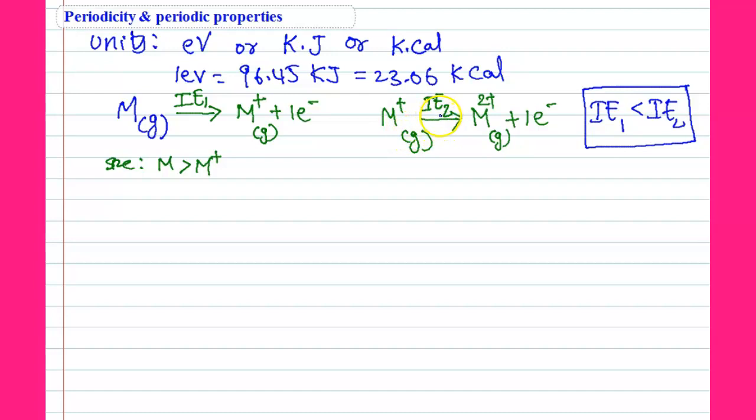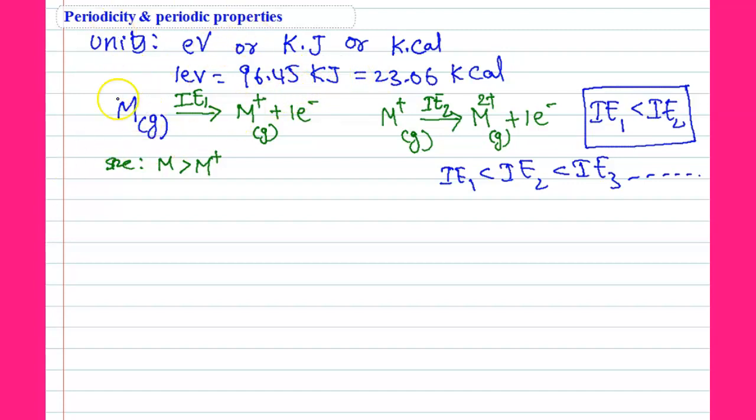That means IE2 is higher. So IE1 is less than IE2, which is less than IE3, and so on. By removing electrons, the size decreases, and if the size decreases, electron removal becomes very difficult.